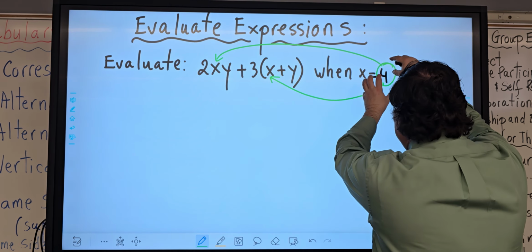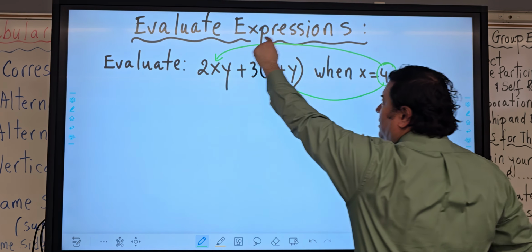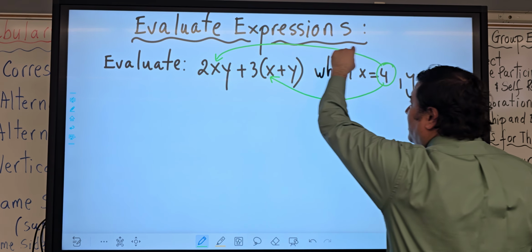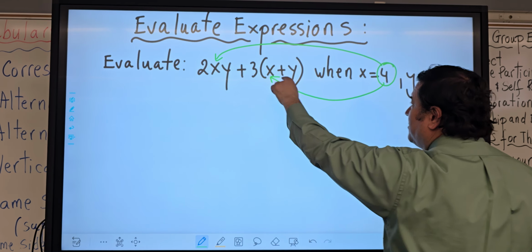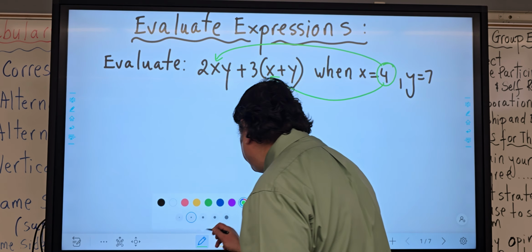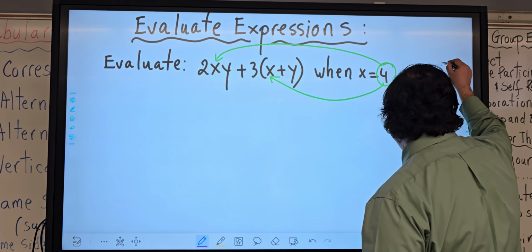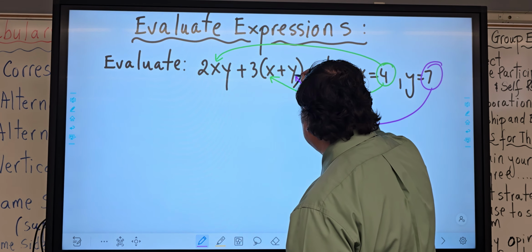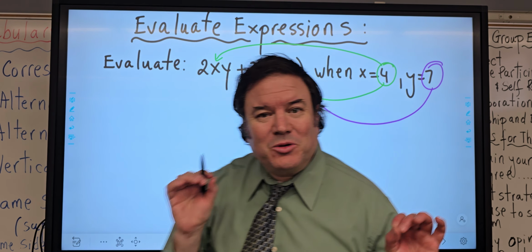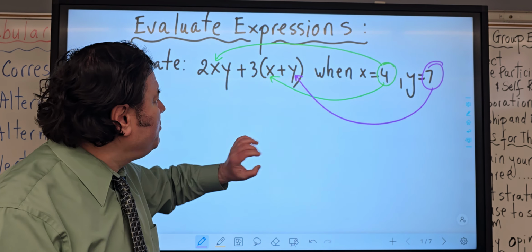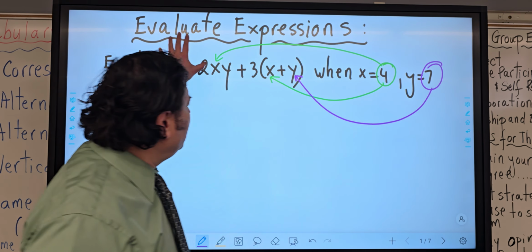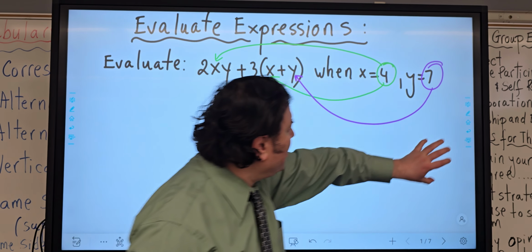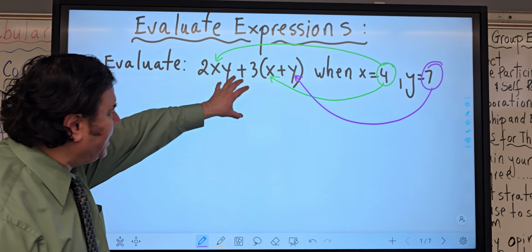So this 4 is going to be substituted into this x and into this x. And now we are going to substitute the y, which is 7. We are going to substitute 7 for y in the expression. So that's our first step: plug in the 4 for x and plug in the 7 for y.